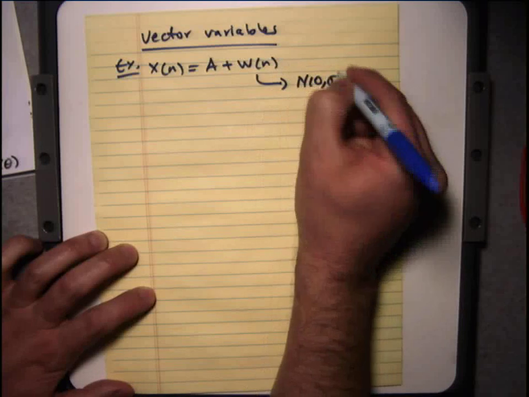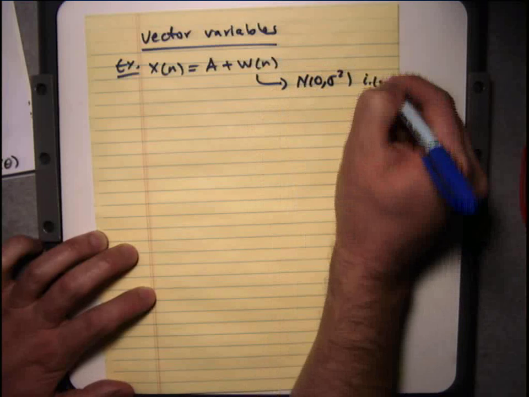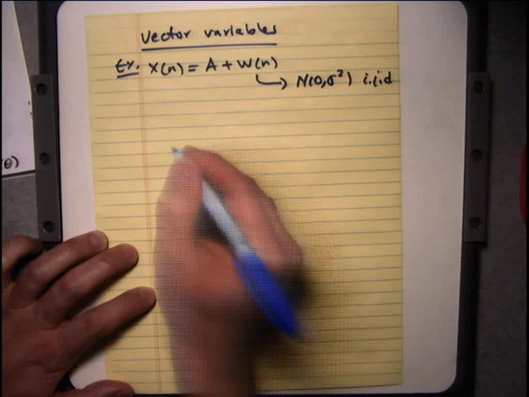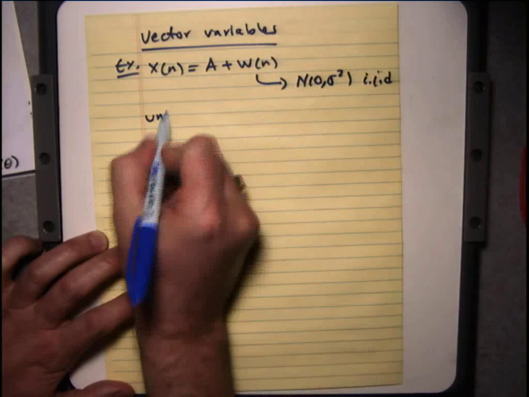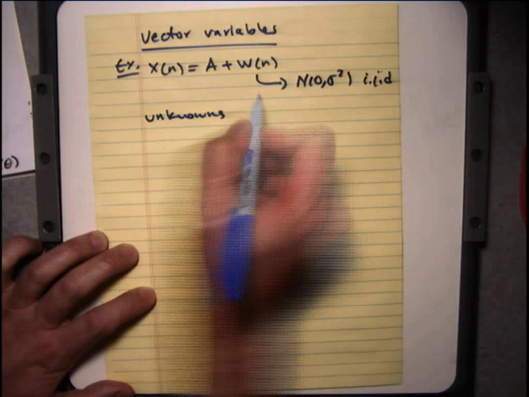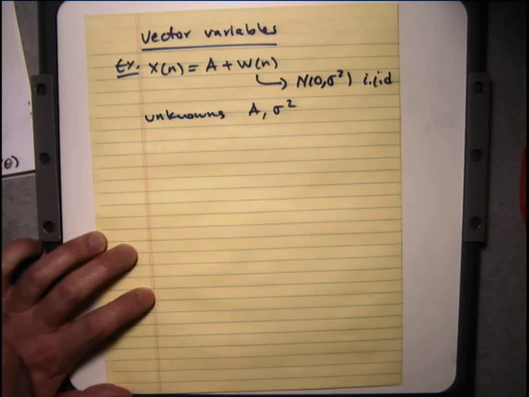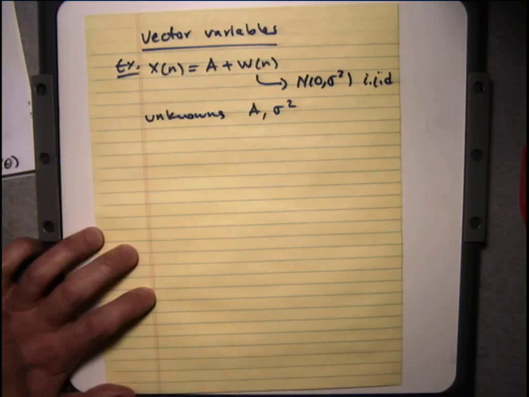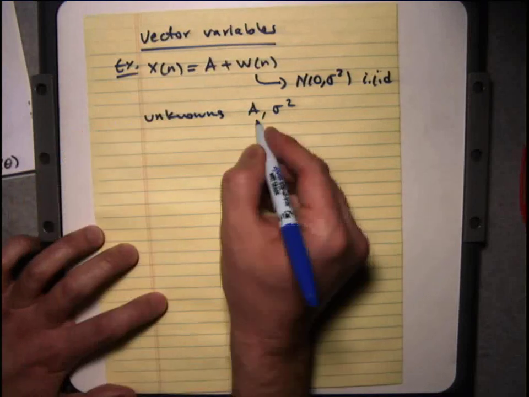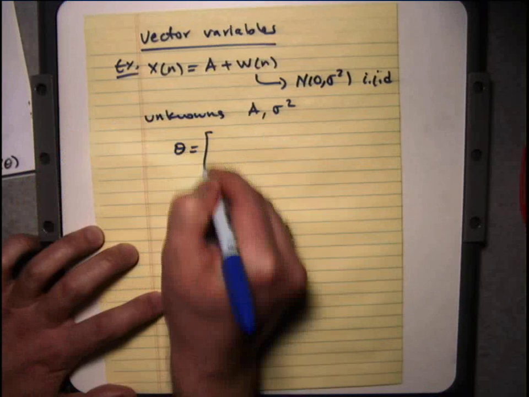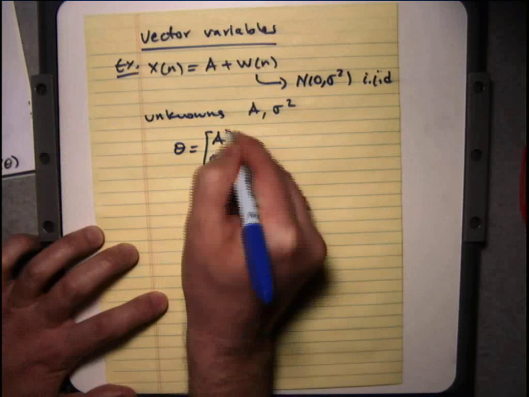Let's even take w to be Gaussian, IID. Now suppose my unknowns are both A and sigma squared. I don't know the mean and I don't know the variance.